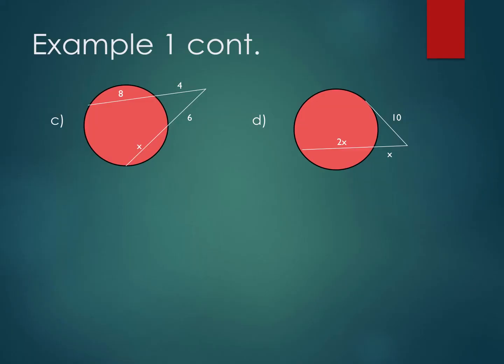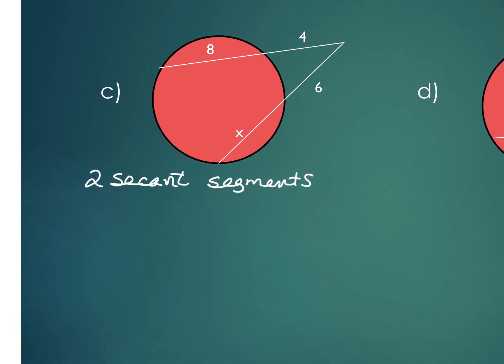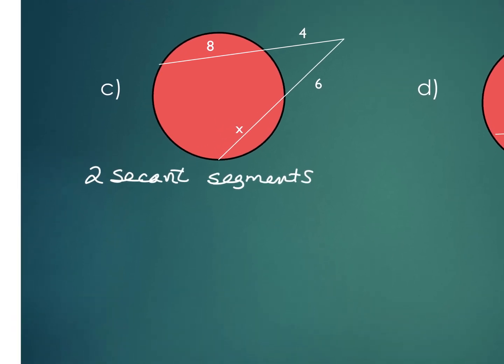Let's try the next example. In this picture, these are two secant segments. So the formula that I'm going to use for both is whole times external equals whole times external.